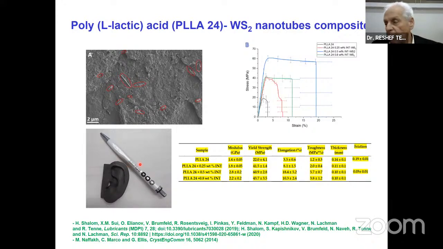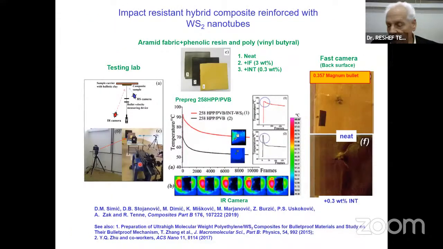So this is an example of the application, huge application, in fact, of tungsten disulfide nanotubes to reinforce and stabilize different polymers. And there's another beautiful example here from a Serbian company, a Serbian group, and they actually use this to protect soldiers, or eventually it will be used to protect soldiers or combat vehicles against the penetration of bullets.